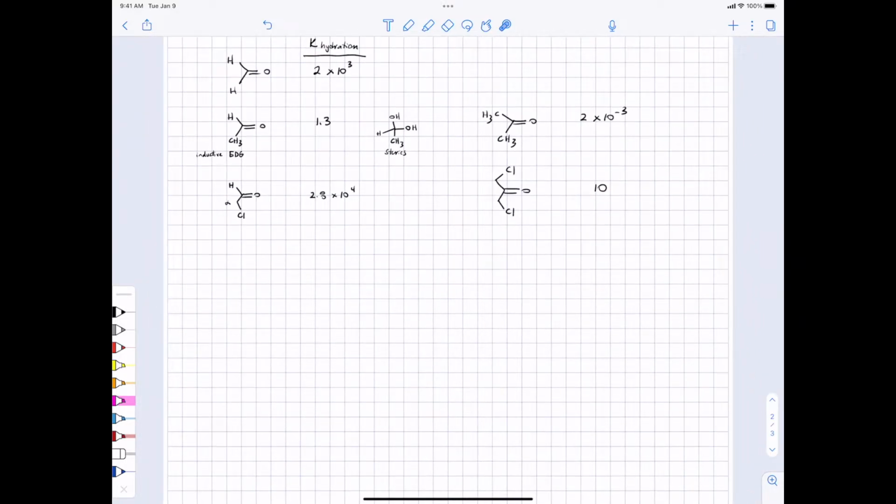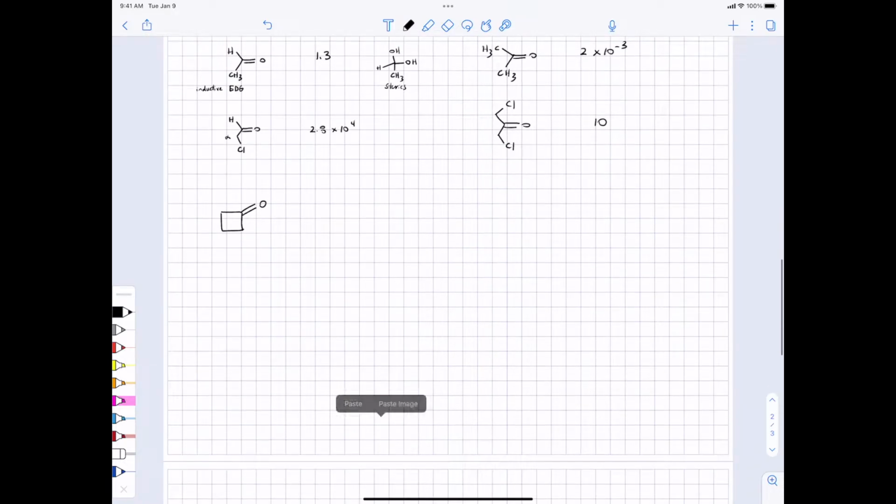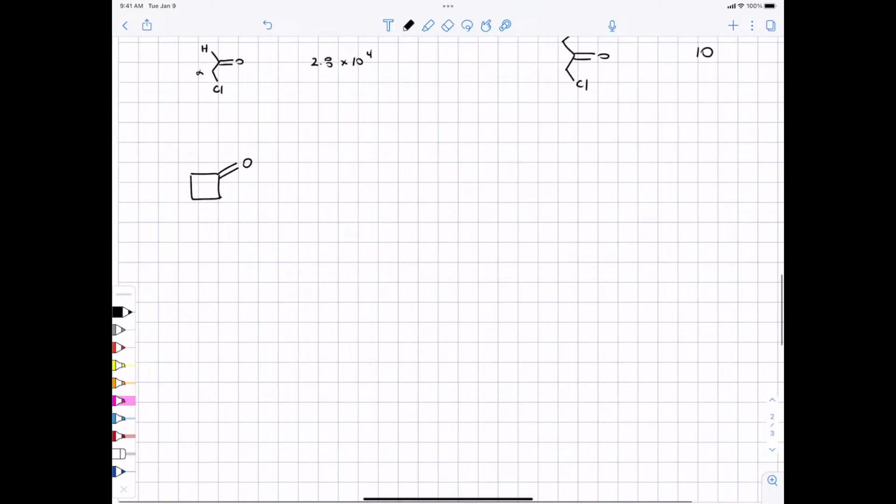Another issue is you can kind of use hydration as a way to investigate the impact of strain and ring structure. So the equilibrium constant for butanone is 1.